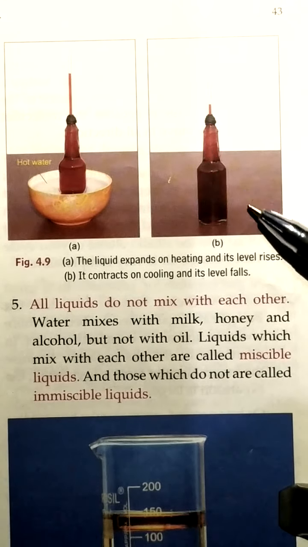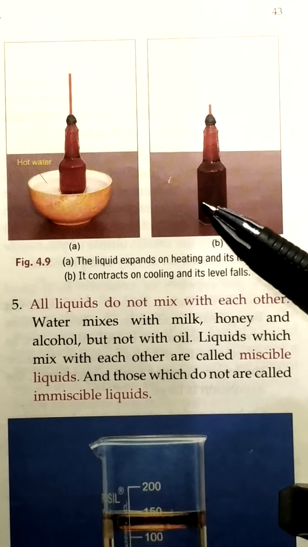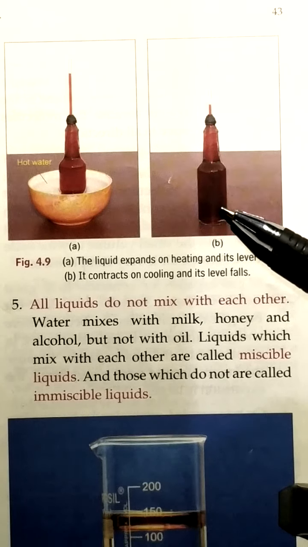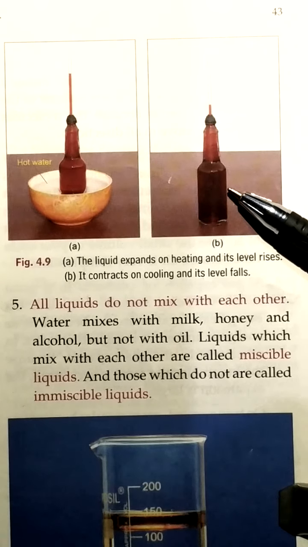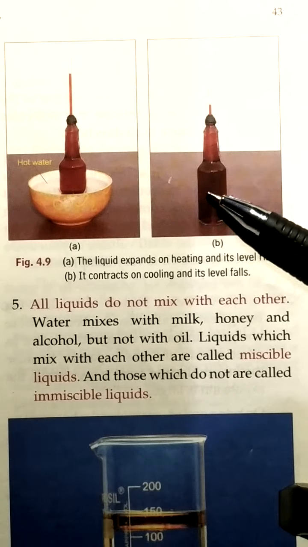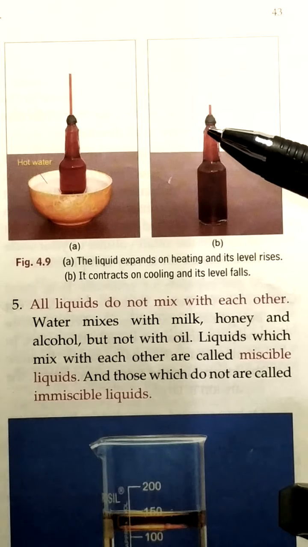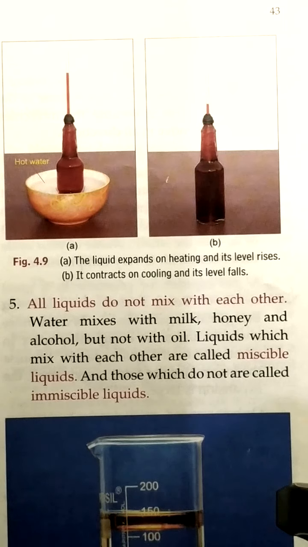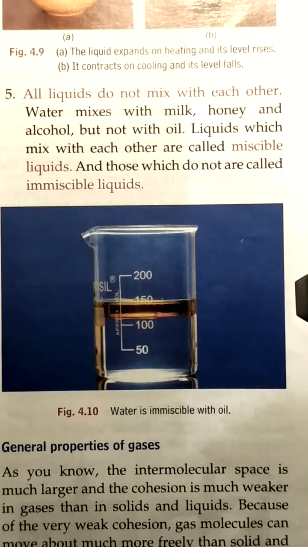And in figure B, now the warm water or hot water is removed. The bottle is kept without hot water. Now this has been cooled. So on cooling the contraction has taken place. So due to contraction the water level or the colored liquid has moved down. So this proves that liquids also expand on heating and contract on being cooled.